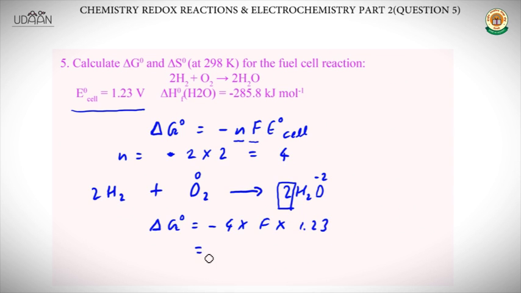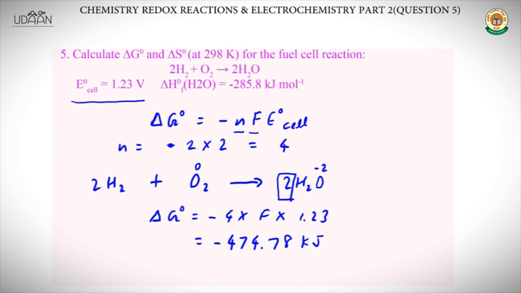This gives us minus 474.78 kilojoules. In the question we needed to calculate the value of delta G, which we have done here. It's very easy. Just put the values in that very familiar equation and we get the value of delta G0.